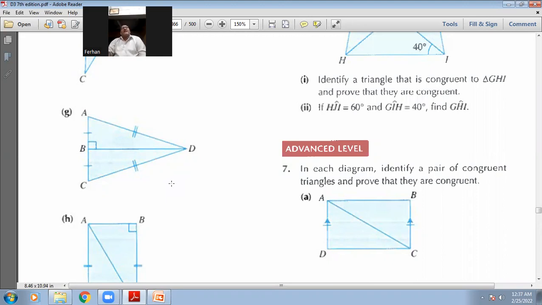You can see that AB in one triangle is equal to CB of the other triangle. It is given that AB and CB are equal. The BD side is a common side in both triangles. And DA and DC are equal to each other because it is given.